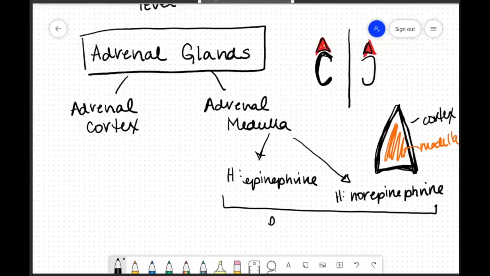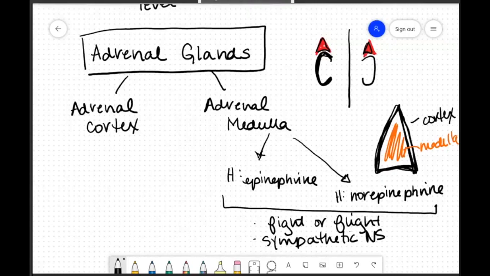So both of these are going to be responsible for helping regulate your sympathetic nervous system, your epinephrine and norepinephrine. If you're interested in anything to do clinically, nursing route, epinephrine and norepinephrine play a very big role in a lot of clinical settings.